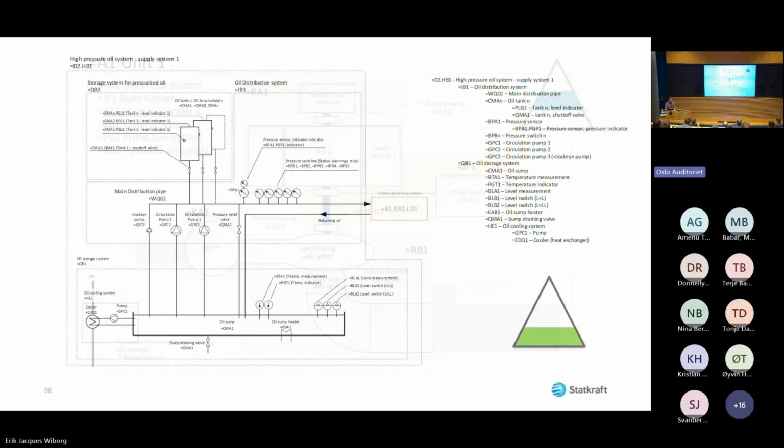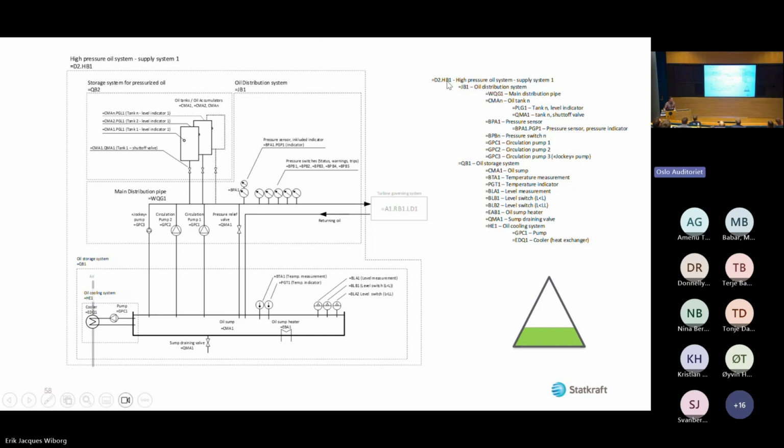We tried this out for P&IDs, for piping and instrumentation diagrams. This works really well. Again, grouping in sensible parts, and then subgrouping, and then creating this hierarchical structure, which, again, the goal is to be intuitive.